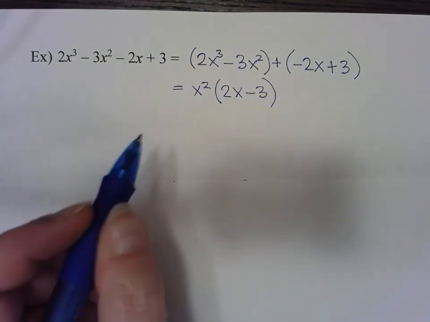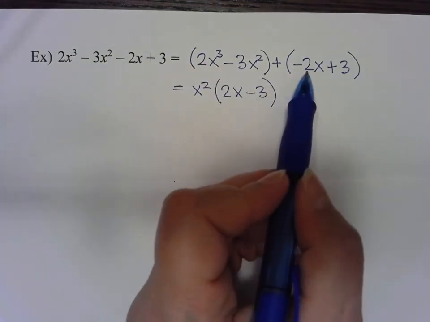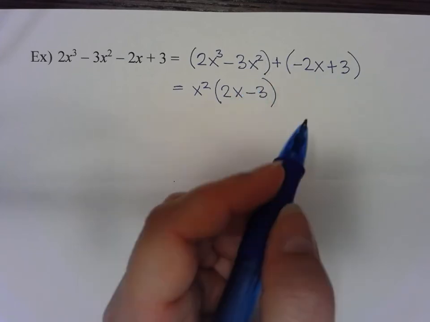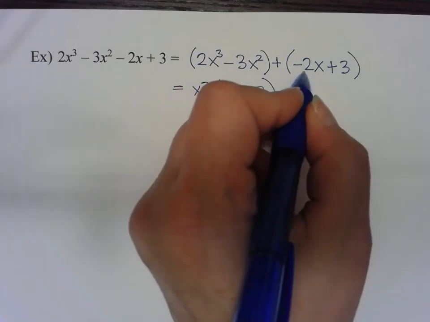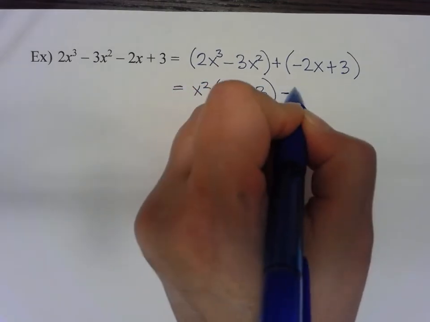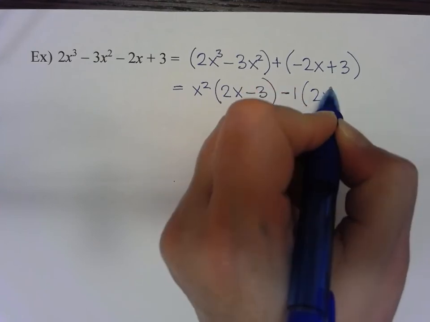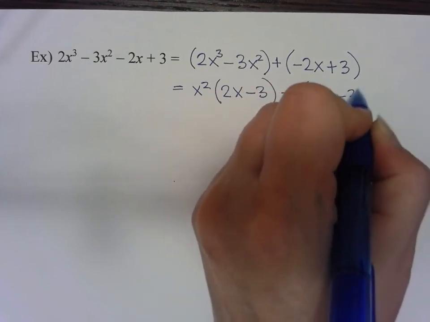The second pair, and I think we've already seen this once before, but these do not share anything in common. So if there's no GCF, there's always a 1. And because this is negative, I'm going to make it a -1. That's going to make this change sign so that it's 2x minus 3.